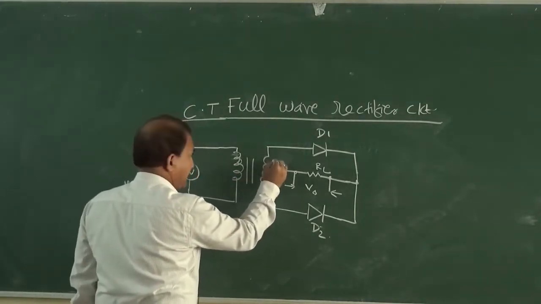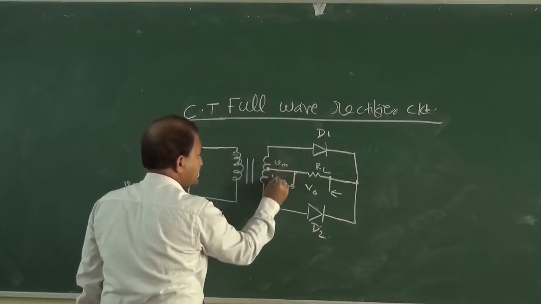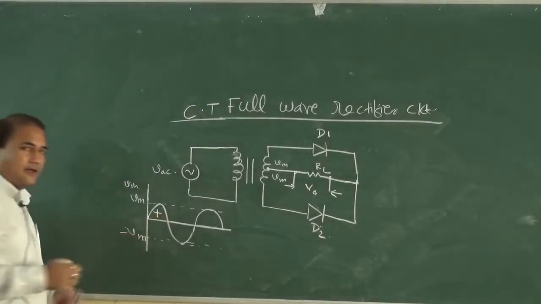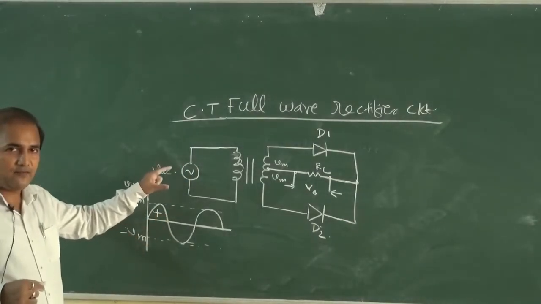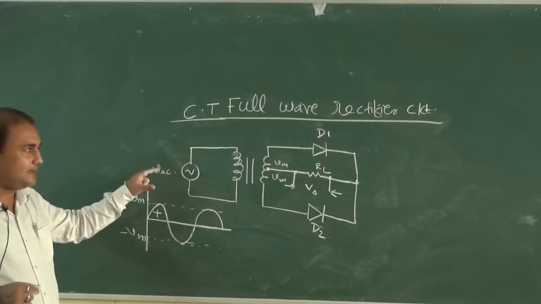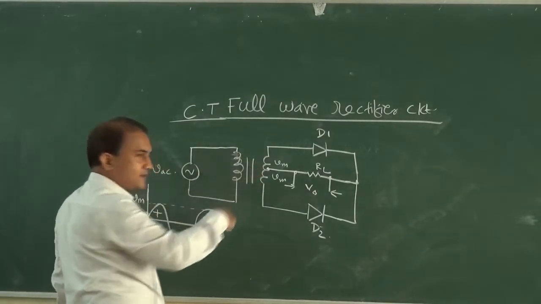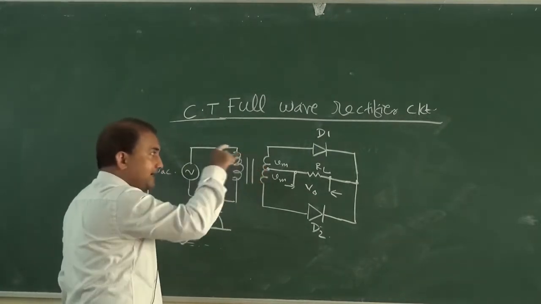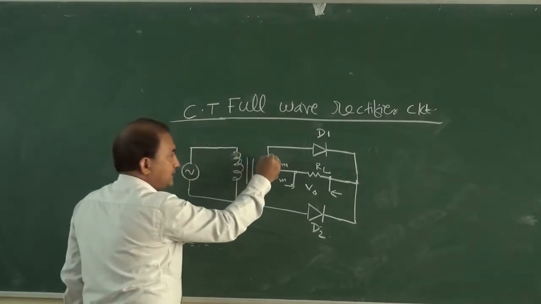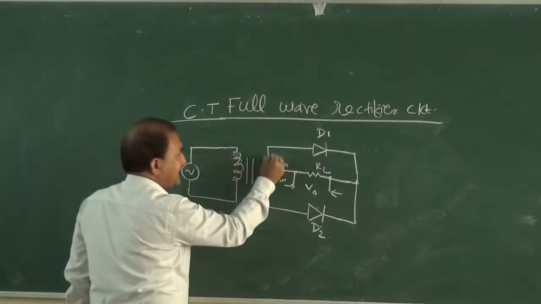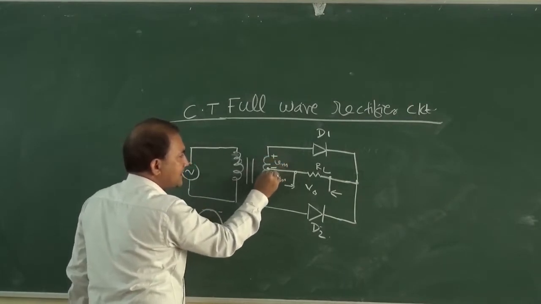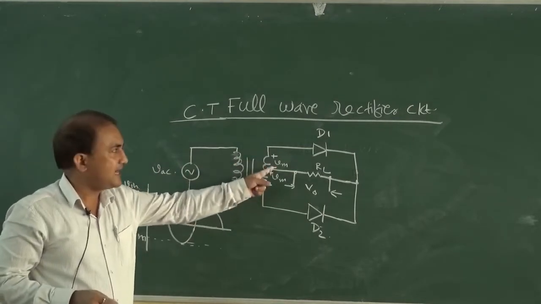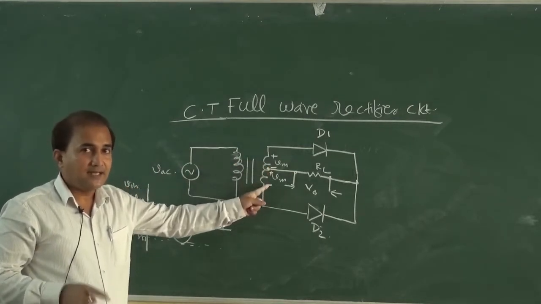Suppose it is Vm and here it is Vm. During the positive half cycle, if we are applying the input signal using a transformer, then across the secondary terminal of the transformer the polarity of the voltage will be plus, minus, plus, minus.